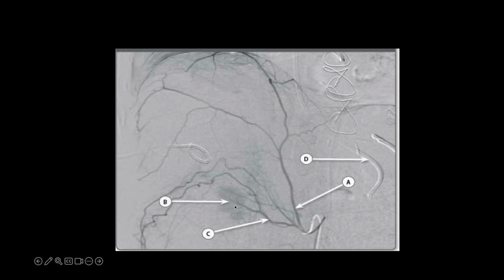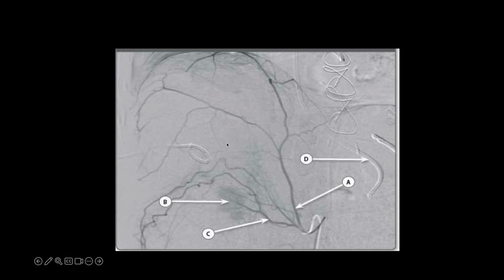You can see that by this point the vessels are so small, and it's actually just perfusing the structure here, which would be the right adrenal gland. C is therefore the right superior suprarenal artery, i.e. supplying the right adrenal gland. I don't think they're going to show you this.